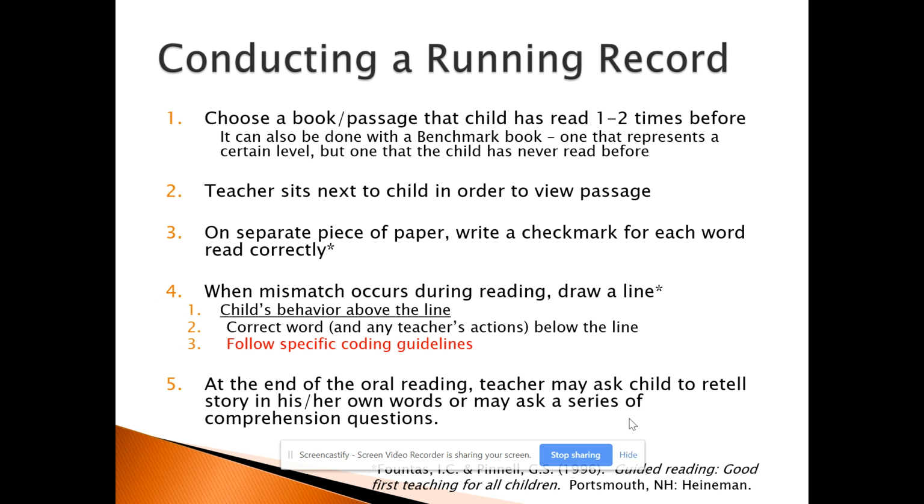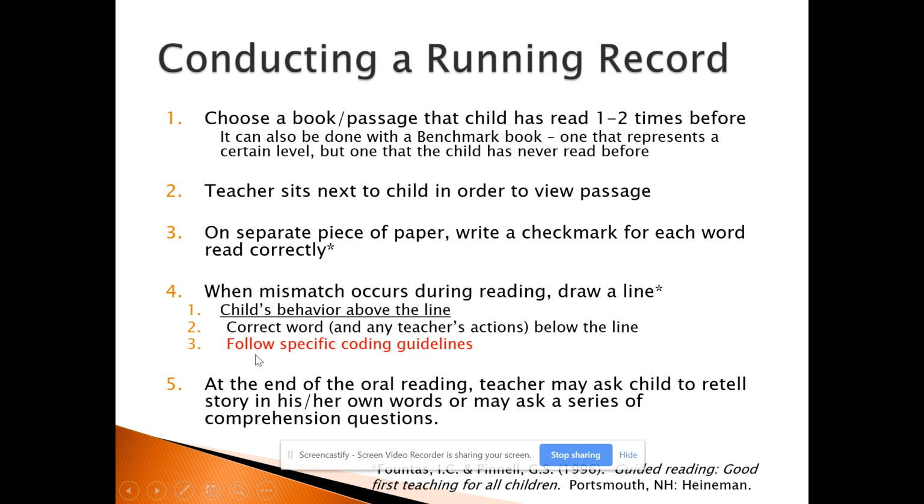When the student's reading, if indeed they make an error in their reading, you're going to draw a line just above the text on the page where the student made the error. As you see in number 1 right here, the child's behavior goes above the line. So the words they say are under the line. The words in the text are under the line, and the words they say incorrectly go above the line.